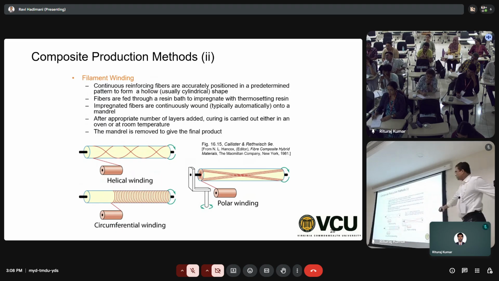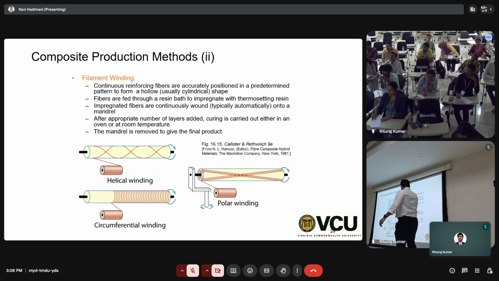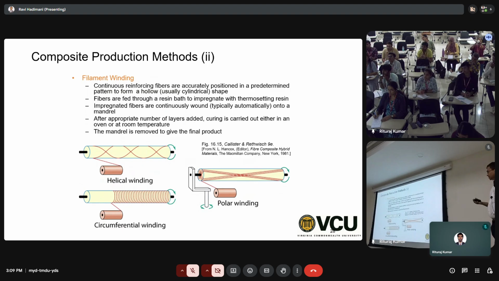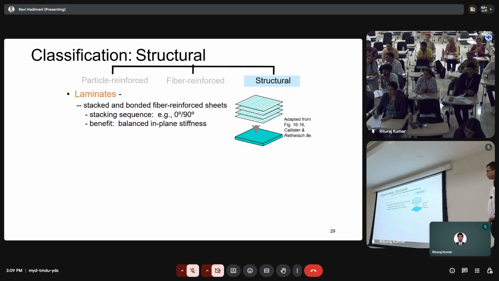The other way is filament winding. When you wind, you add the matrix phase, which can be any resin. Depending on what kind of strength you want, what your targeted property is, you use the desired filament accordingly.